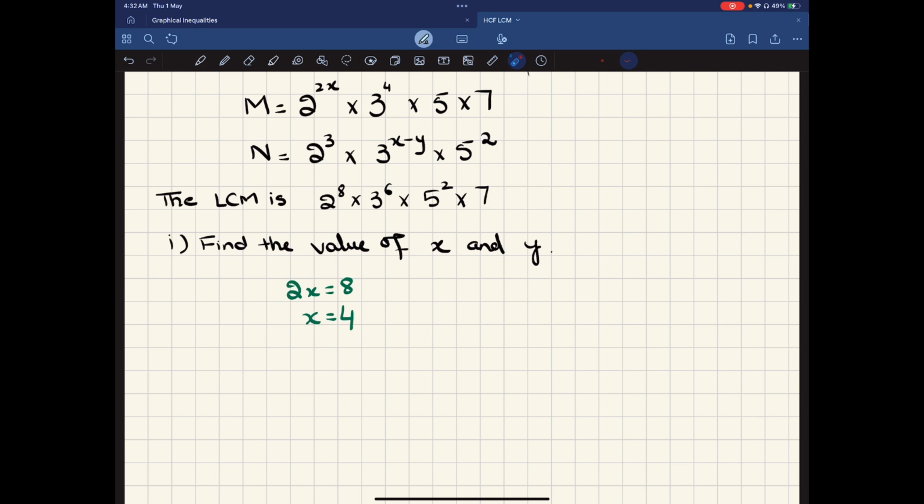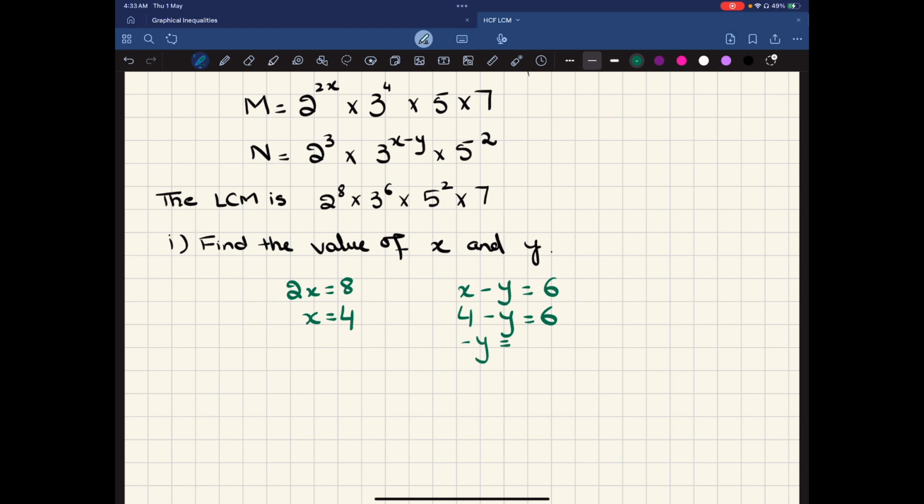Okay, next, 3 raised to the power of 6. Okay, so this is 3 raised to the power 4. It means x minus y is going to be 6. Okay, so x minus y is going to be 6. We know that the value of x is 4. 4 minus y is equal to 6.